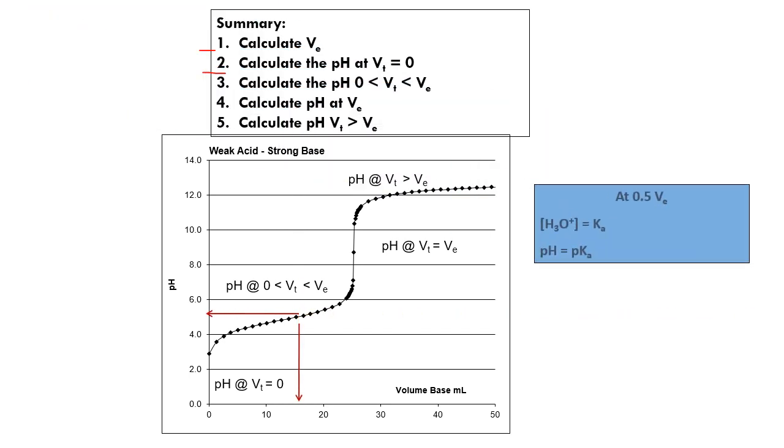And don't forget, at the half neutralization point, or the half titration point, we would have equal concentrations of the acid and its conjugate base, which means the hydronium ion concentration is going to be equal to the Ka of the acid. And so the pH of your solution is going to be equal to the pKa.